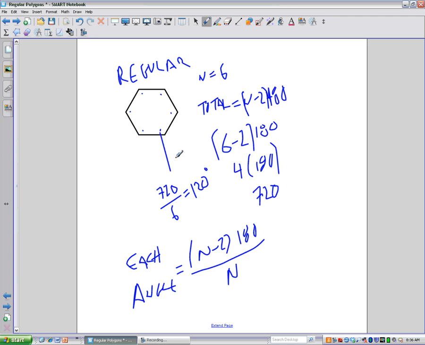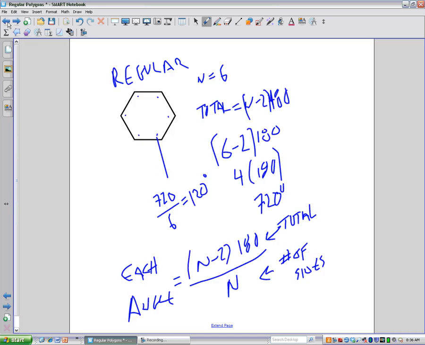If they look the same, then we can get the total. This is the total, and this is the number of sides. The number of sides is the same as the number of angles. I just don't want to mess up what we're talking about. Okay, I think that's about it on regular polygons.